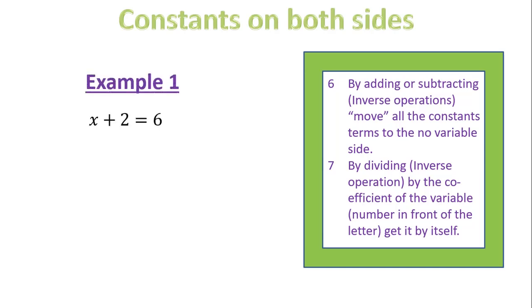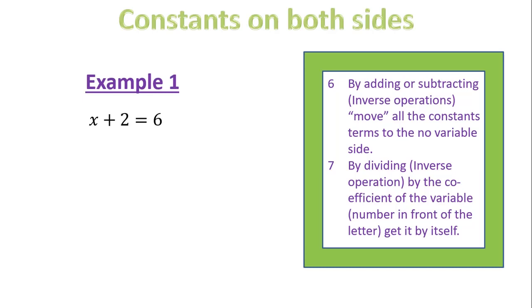Example 1. x plus 2 equals 6. So, step 6 says, by adding or subtracting, which are inverse operations, move all the constant terms to the no variable side. So, if you look, we have an x on the left-hand side and no x on the right-hand side. And so we have to get the plus 2 to the right-hand side.